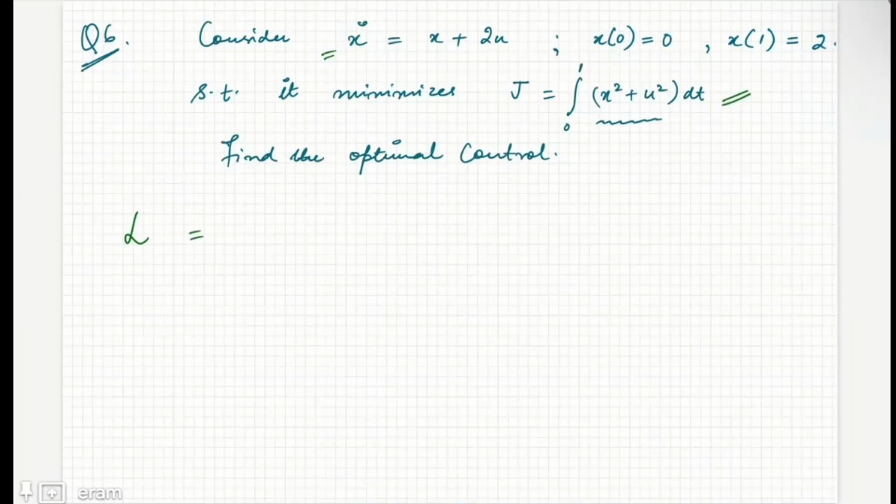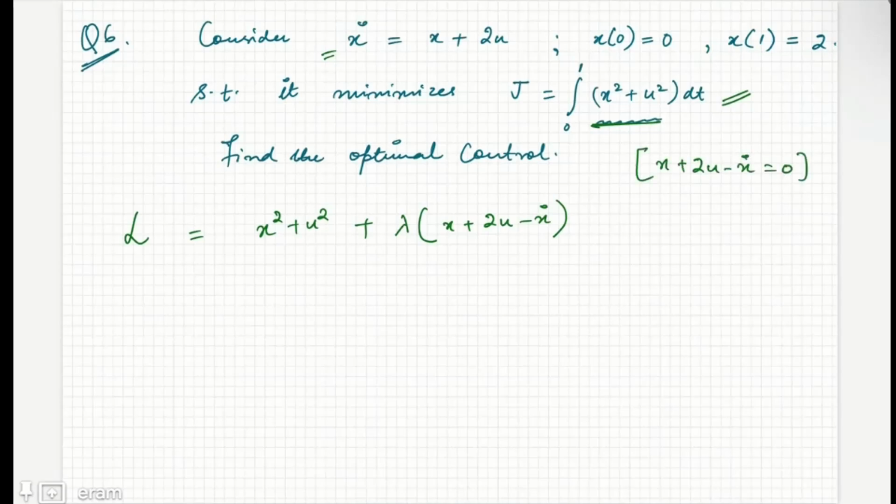The Lagrangian is nothing but this cost function, which is x square plus u square. And since it's a scalar problem, there would be only one Lagrange multiplier, so lambda times the constraint. The constraint is x plus 2u minus x dot, which should be 0. So this is our g.